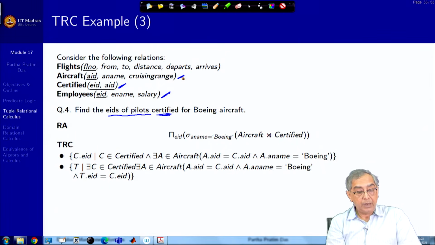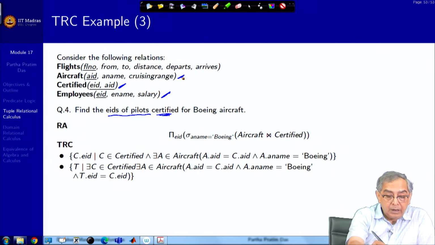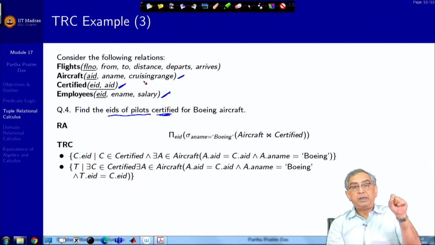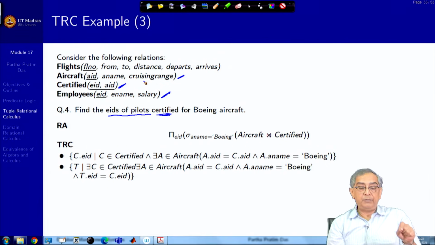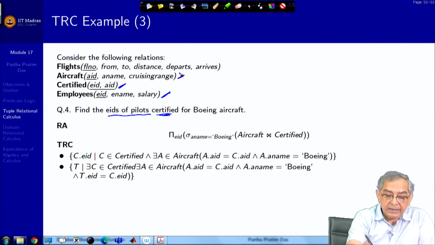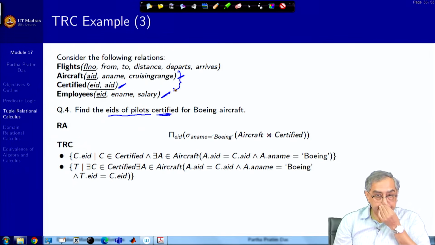Now, the first thing you need is: how do you find the employee IDs that are certified for the Boeing aircraft? Naturally, these two will have to come together, right?